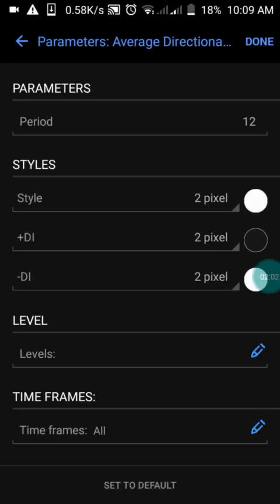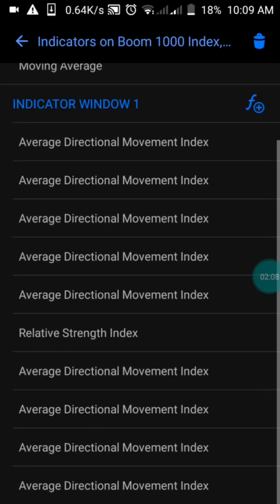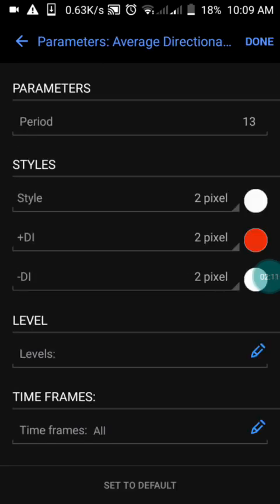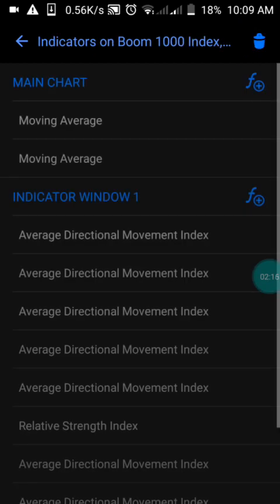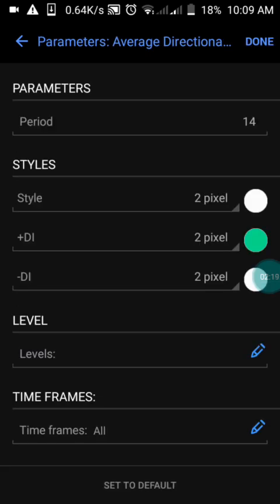We have the period of 12 here, and we have our plus DI to be in black color. So we have the fourth average directional movement, which is in 13 period, and we have red as color here. So the fourth one now is what I'm showing you now. We have the period of 14, and we have our plus DI to be in green color.